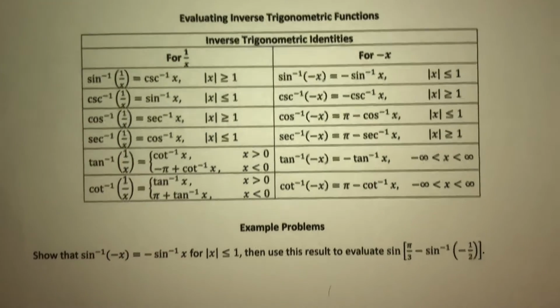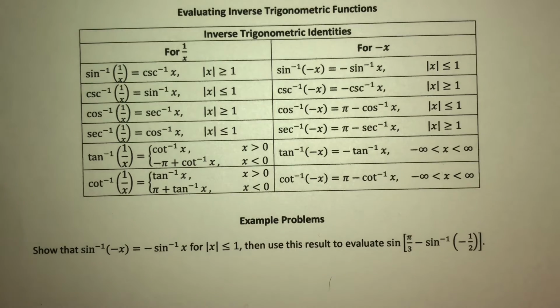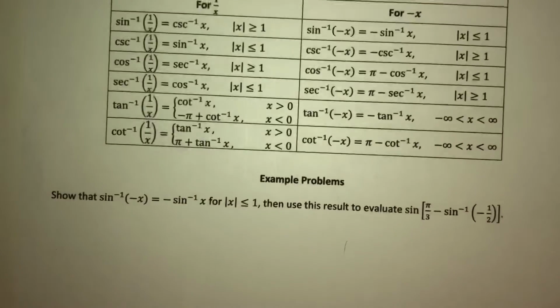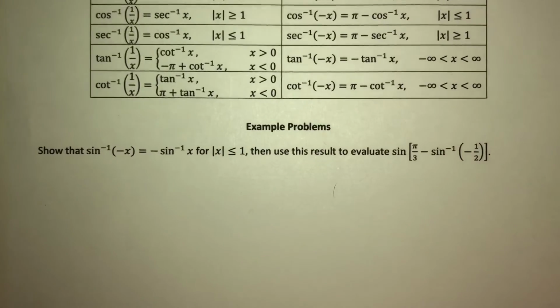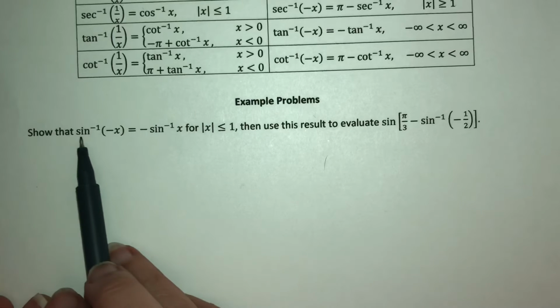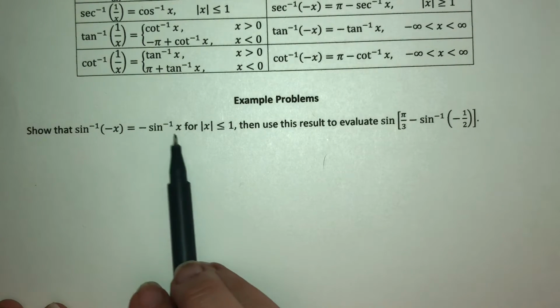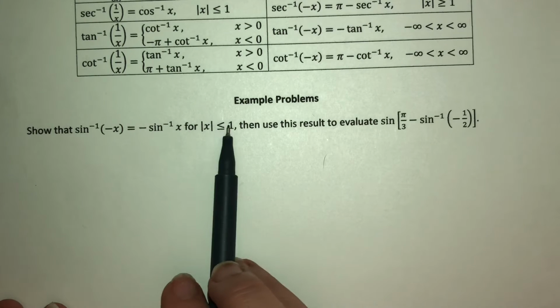So now I'm going to go through a proof. This is not something you're going to be doing a whole lot of, but it is important that you start seeing these things. Show that sine inverse of negative x is equal to negative sine inverse of x for the absolute value of x less than or equal to 1.